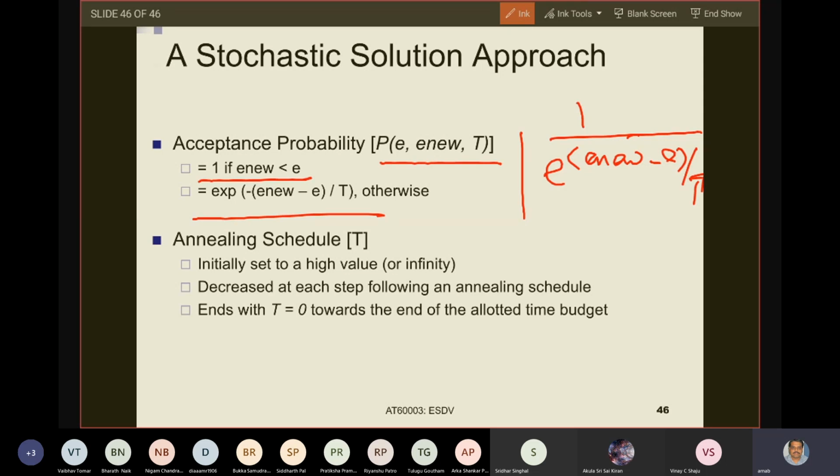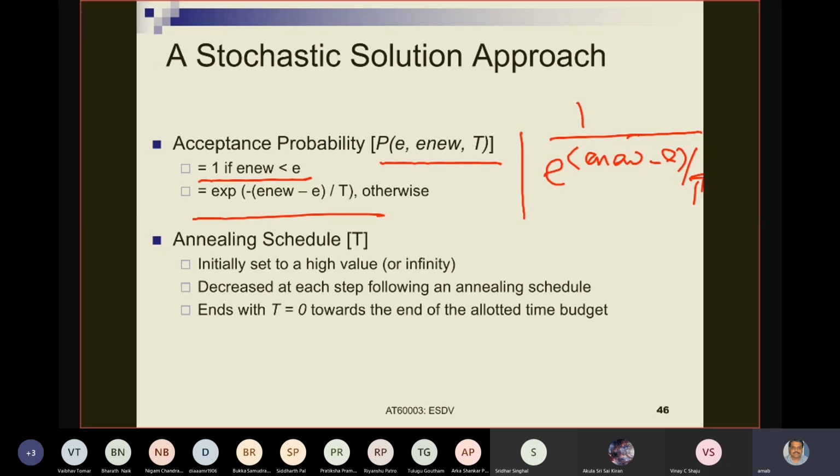That means that you will have a very high probability of accepting even bad solutions. But this is probabilistic. It is not guaranteed. Depending on E nu minus E divided by T, you will generate a value of P, and you also have a random number on the other side.